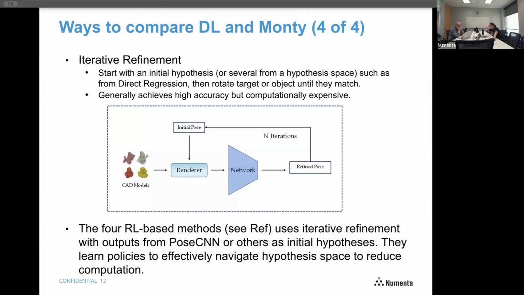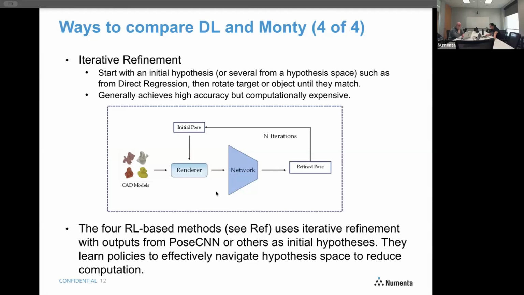Anyway, the reinforcement learning methods are under these ones. They pose the problem as navigating through a hypothesis space. So instead of trying out a bunch of different rotations and randomly matching, the RL method learns a better action policy to rotate or move the object in a more sensible, more computationally efficient manner. But they're not actually navigating or sensing by themselves.